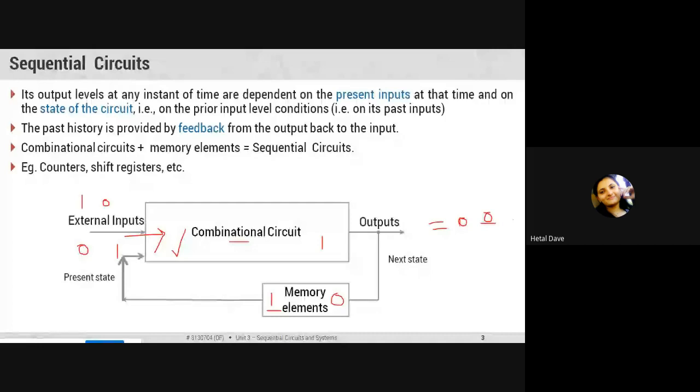So present state, next state and external input. These words should be remembered by you whenever we make a truth table. Present state is the state of the circuit at a given moment of time. After applying external input and present state, whatever bit is generated is called the next state.